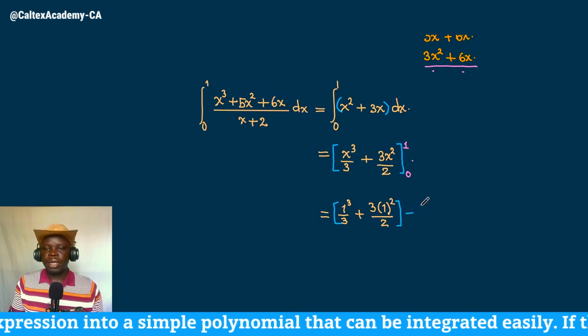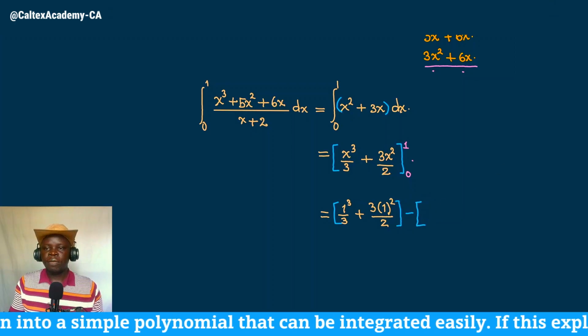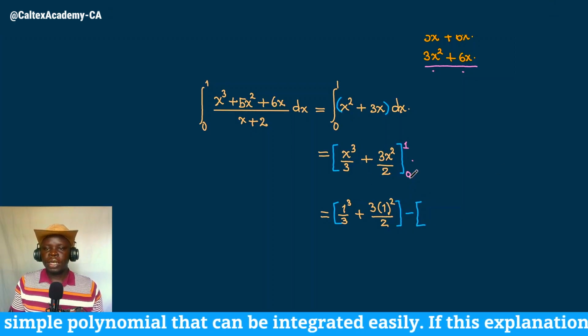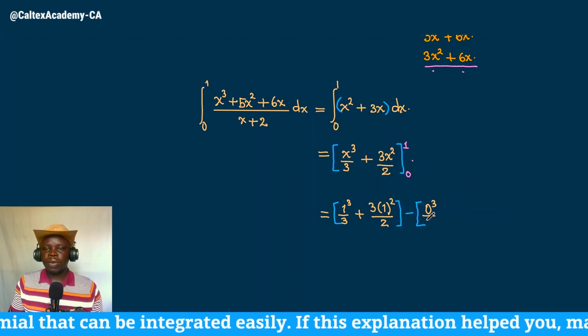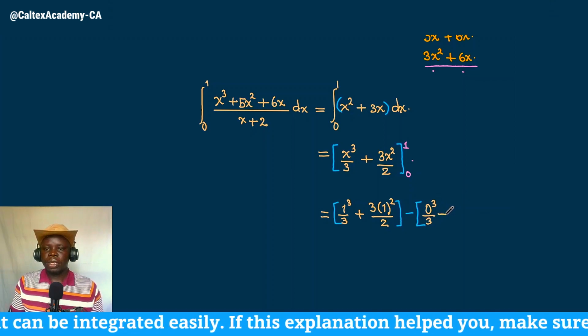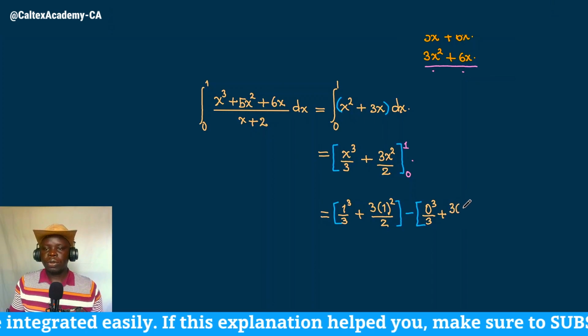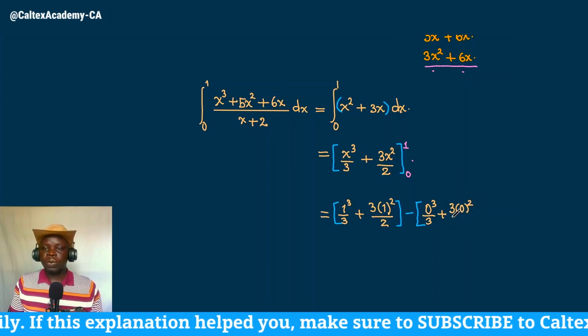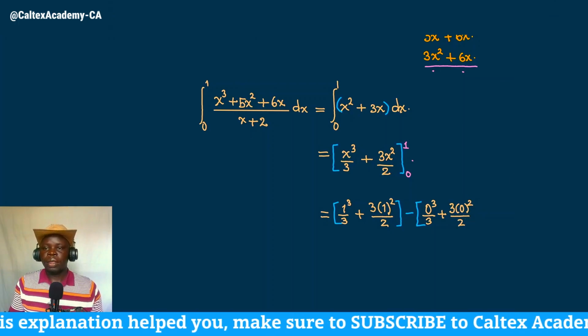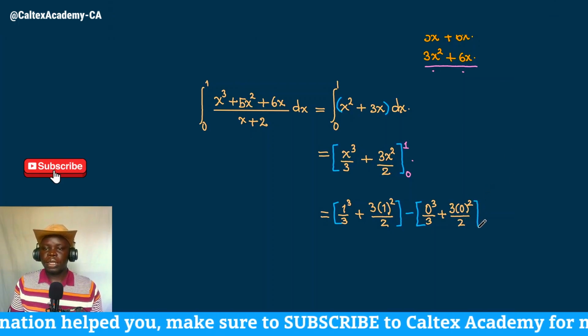Let's move to the lower limit, where instead of x, we put in 0. Therefore, we have 0 cubed over 3, and we add 3 times 0 squared, so we divide this by 2. Now we also close this bracket.